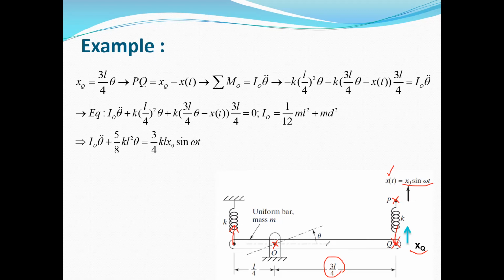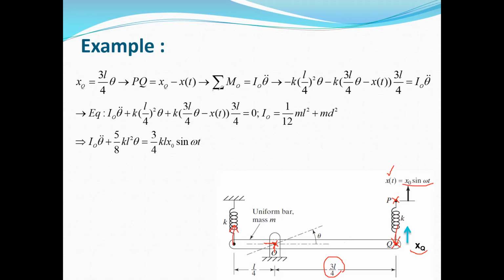We have the weight, but because the weight of this bar only creates some initial deflection in the springs, it will be ignored. And we also have two reactions at point O, which will not appear in the equation of motion when we write the moment equation about this point. We only have two forces due to the springs. We don't have any damper, and we don't have any external force.